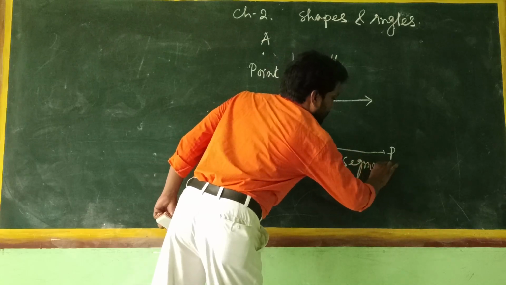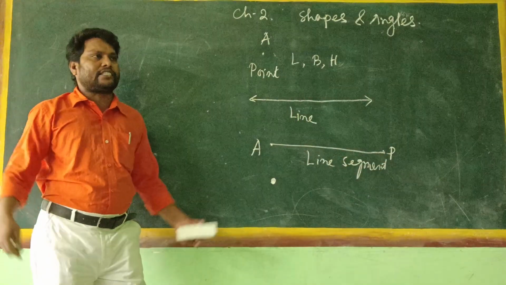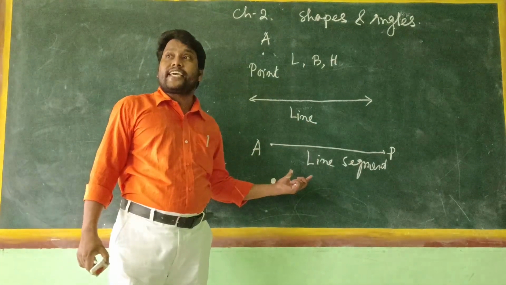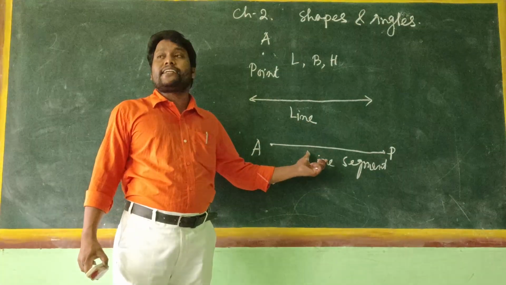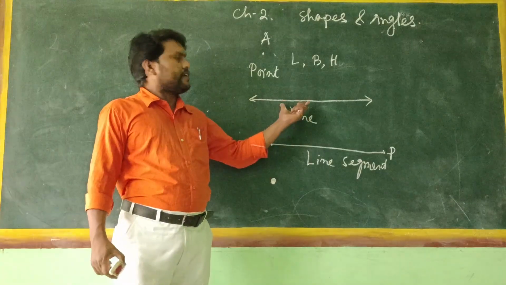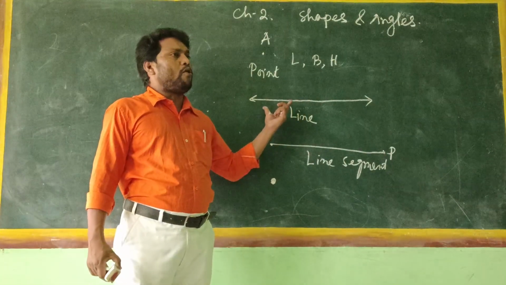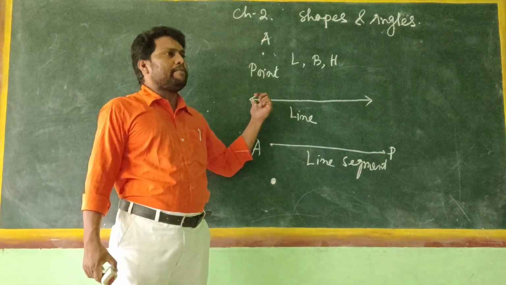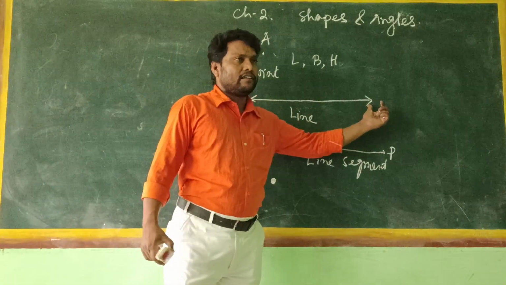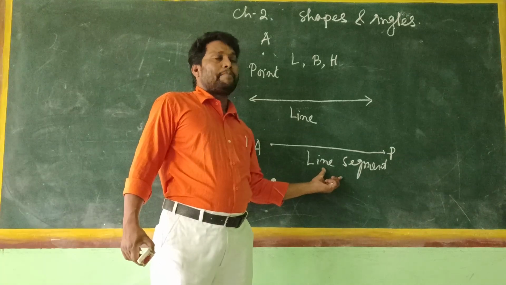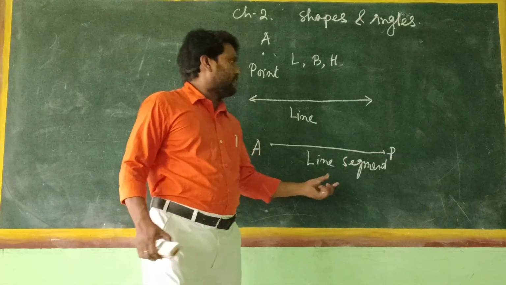That means both sides cannot be extended indefinitely. So it is called a line segment. That means it has a definite length. But a line has no end point. It can be extended both sides indefinitely, so I have used an arrow sign. So it is endless, whereas a line segment has a particular length.